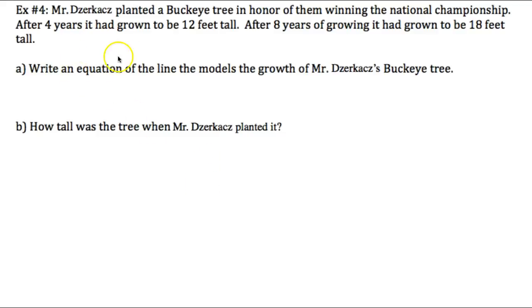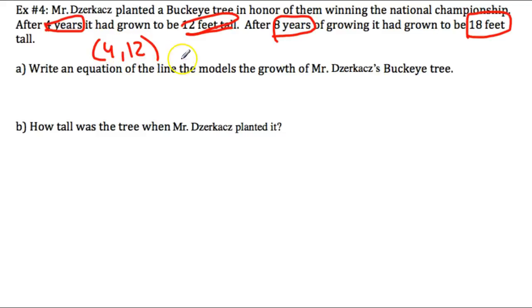So I can get 2 points out of this. It says 4 years, 12 feet tall. And then 8 years, 18 feet tall. So one of my points, 4 years, I'll say that's the x. 12 feet tall will be the y. And this one, 8 years, 18 feet. So if I want to find an equation, I need to find the slope first and then find b.